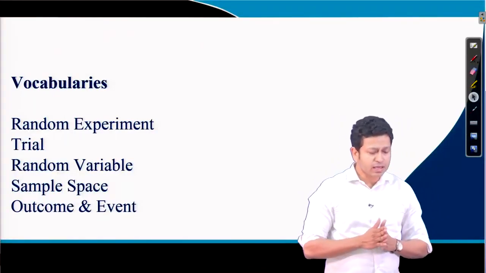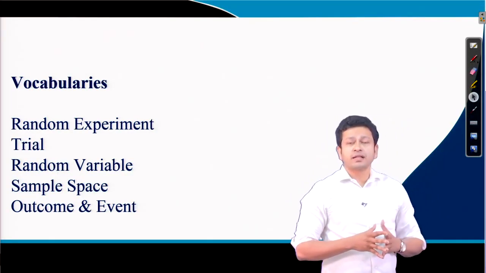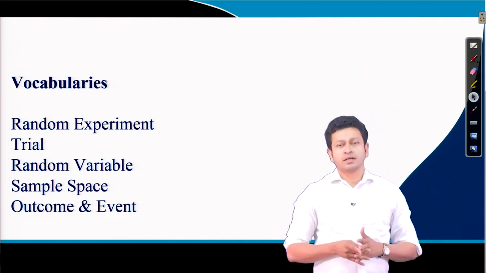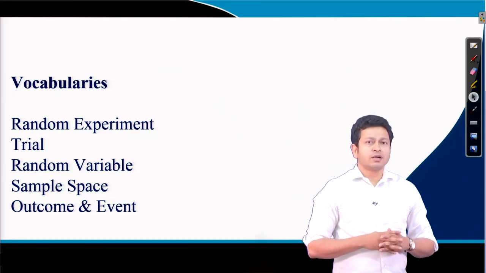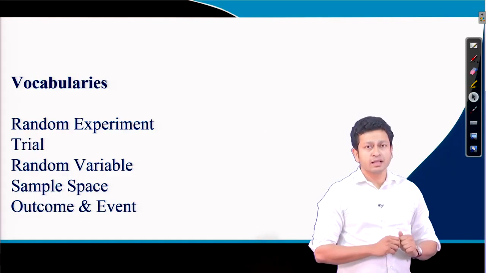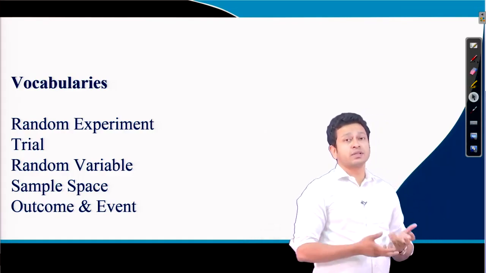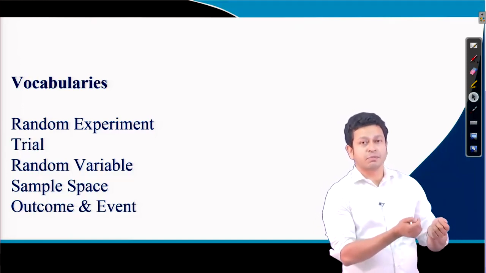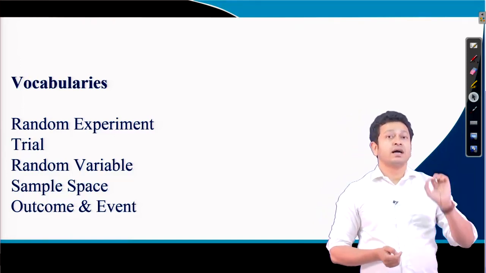Now, the other term that you will come across often is a random variable. What is a random variable? A random variable is any real valued variable that is associated with a random experiment. So basically, when you have the outcomes of a random experiment, you represent them with a variable.